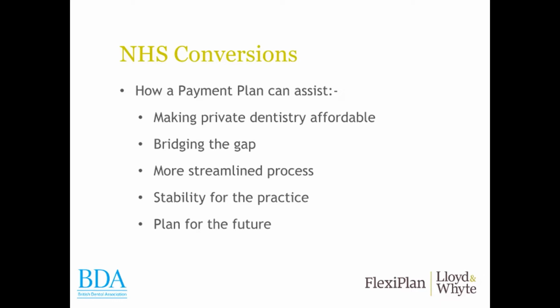Or you may be looking to do it on a trial basis with a practitioner-led plan in place, so that you keep your NHS contract. One of the other practitioners or associates has a plan in place, so you can see how it goes, understand how it works, and just trial it within the practice and the patients that you have coming in. But whichever one you decide to look at, a payment plan can be really useful to assist with it.